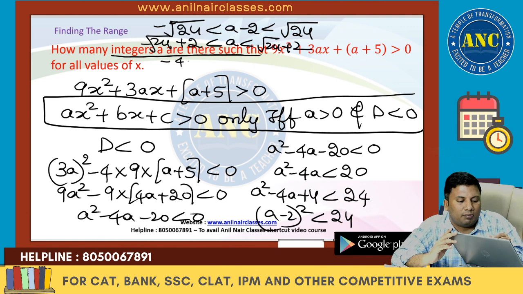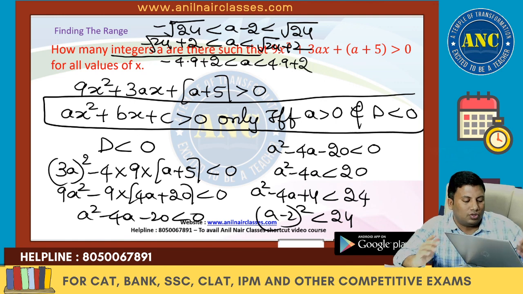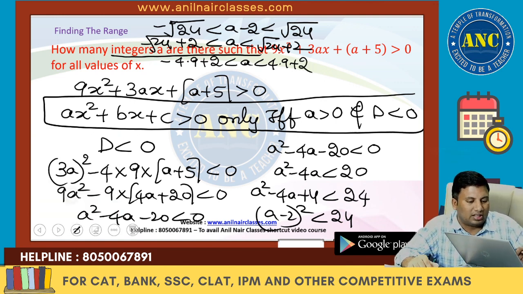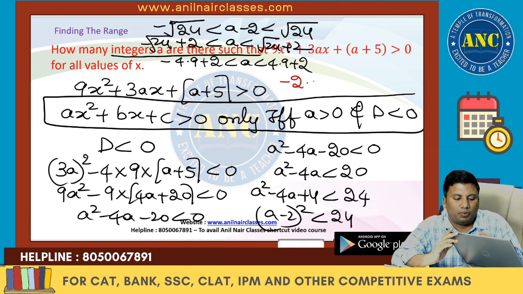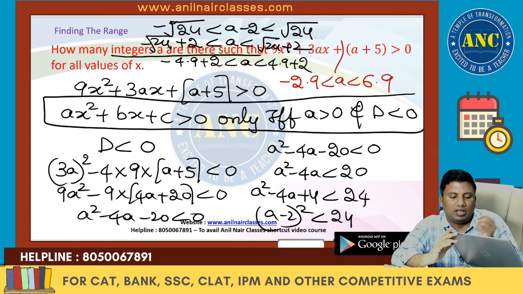So, it is minus 4.9 plus 2 less than a, less than 4.9 plus 2. So, here it is nothing but minus 2.9 less than a, less than 6.9. So, what are all the values I will get? Minus 2 to 6 I will get.